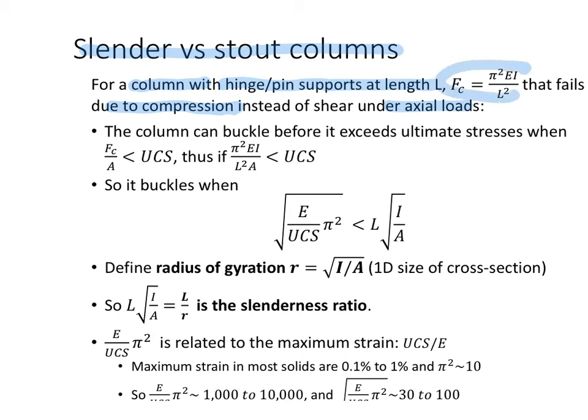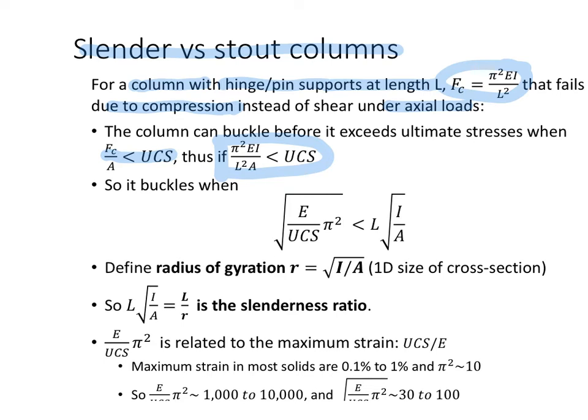Those were the situations that gave us that force and also had us comparing the stress at that force to the ultimate compressive stress. Combining these gives us this equation: pi squared times the flexural rigidity divided by the length squared times the area must be less than the ultimate compressive stress in order to allow the beam to buckle. That is, it has to buckle at a lower force than it will crush.